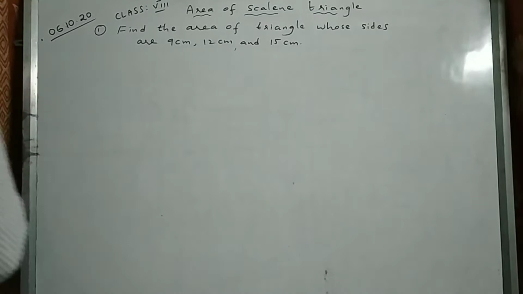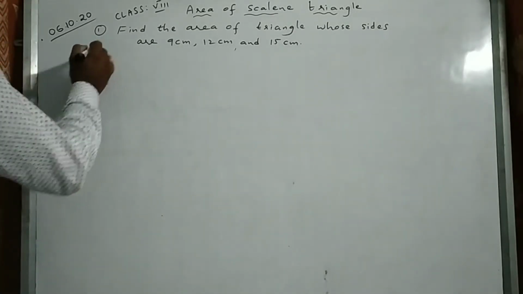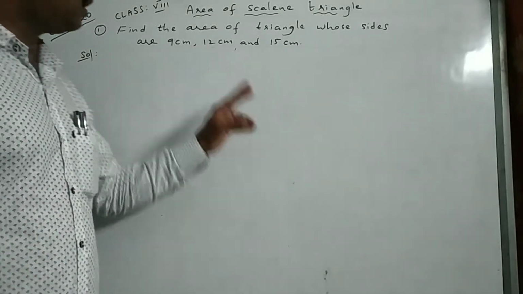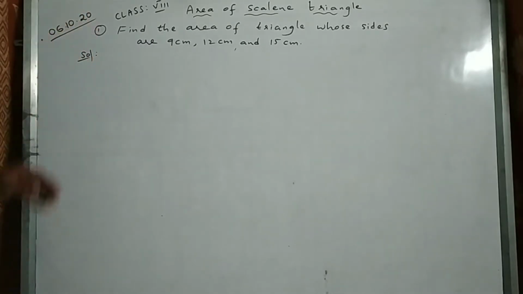Okay? Since all the sides are different here, surely it is scalene triangle, right?